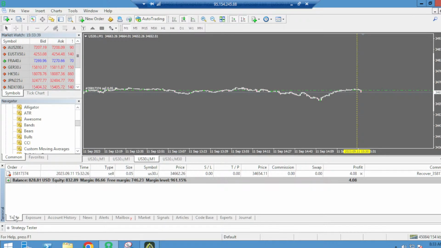Price is now pushing down. Let's see if we're able to make up the losses and make some profits within this first 30 minutes.